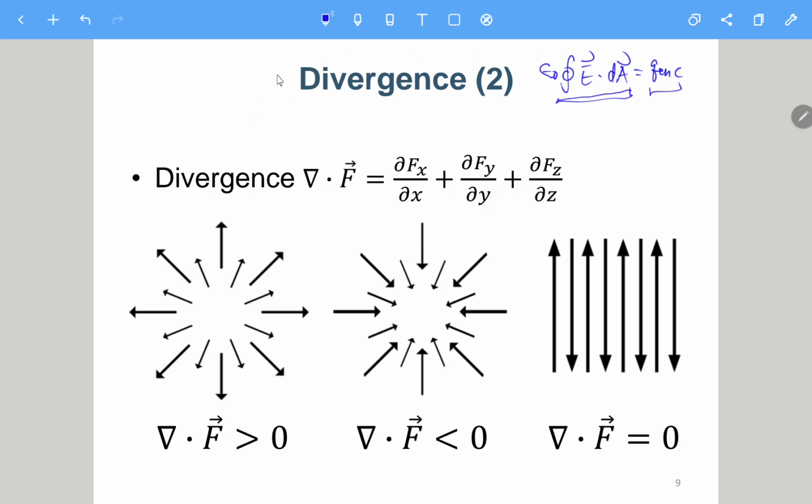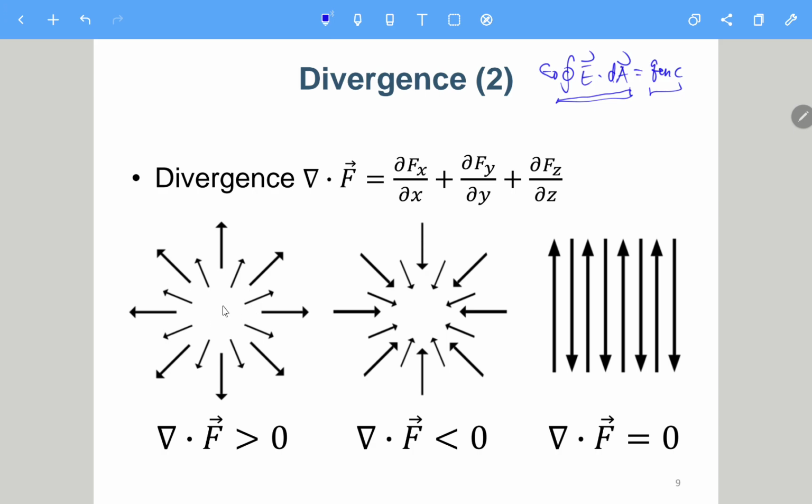Similarly here, if we consider the divergence of F and it is larger than 0, it means that the field is flowing outward at that point, rather than a region, only for that point, and it turns out to be a scalar field. Based on the scalar field, you can see at every point whether the field is flowing outward or inward.